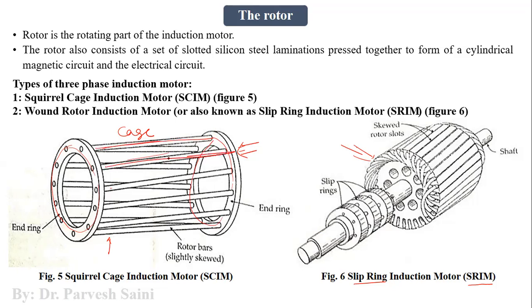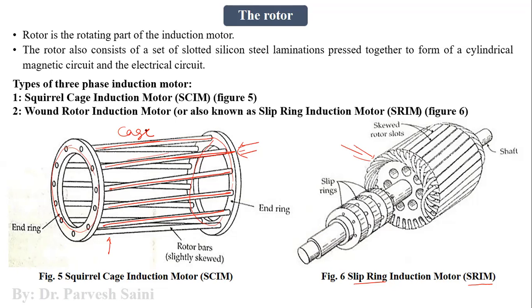These are the conductor bars, right? So this resembles a cage which is used for a squirrel, and that is why it is called a squirrel cage induction motor.